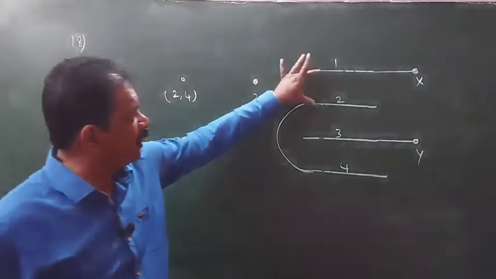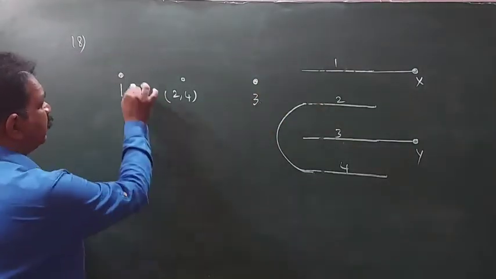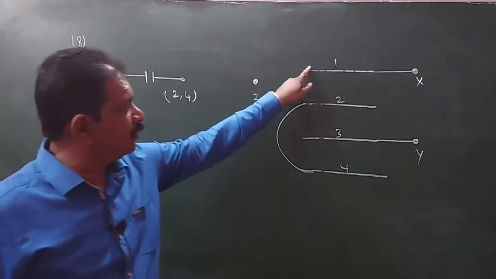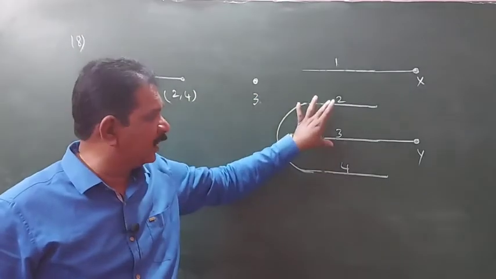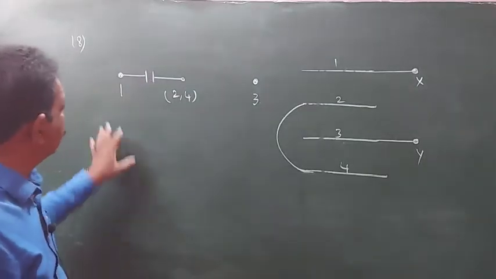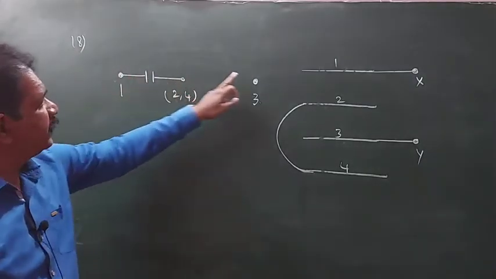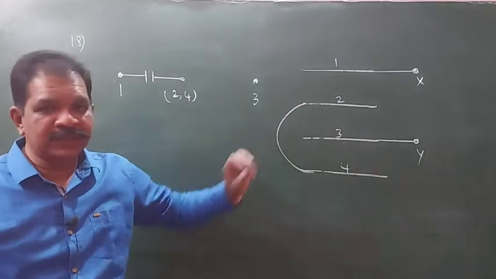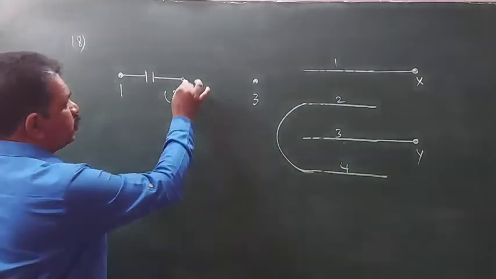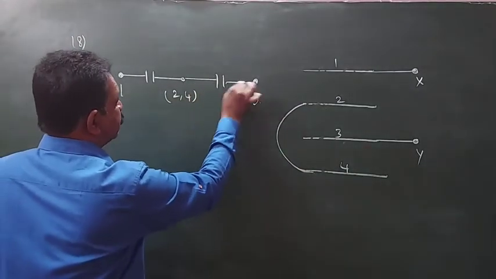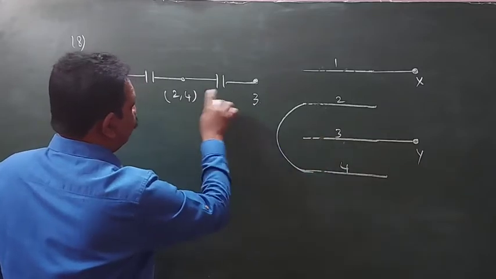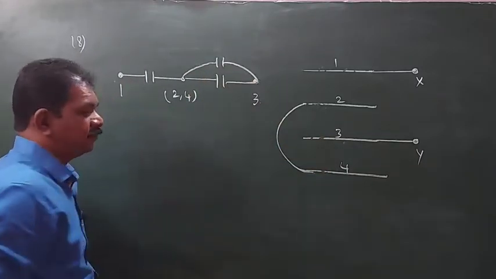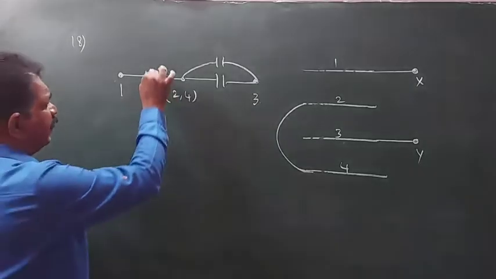Consider this is a capacitor. 1 to 2, 1 capacitor. 1 to 4 is not a capacitor because other metal plates are there. 1 to 3 is not a capacitor because 2 is there in between them. Next 2 to 3, 1 capacitor. This one, 4 to 3, 1 capacitor. Like this, all are identical.